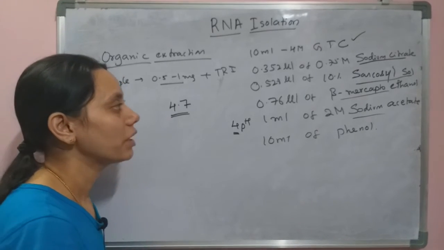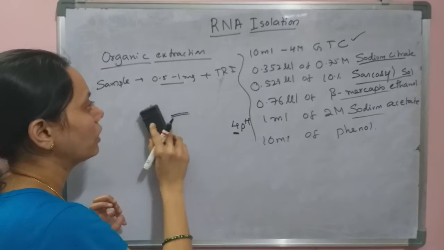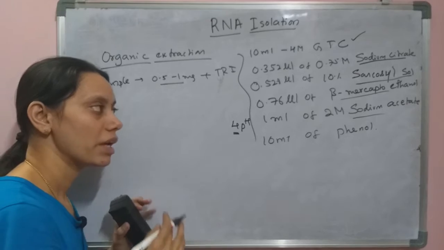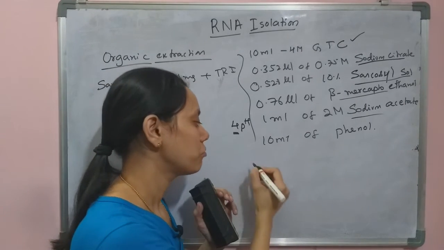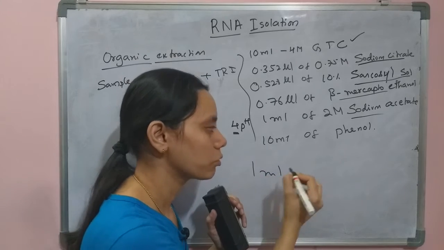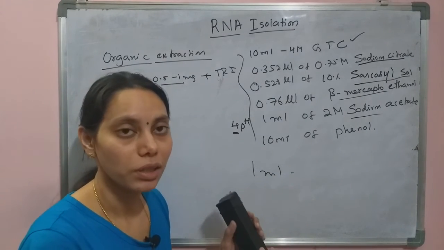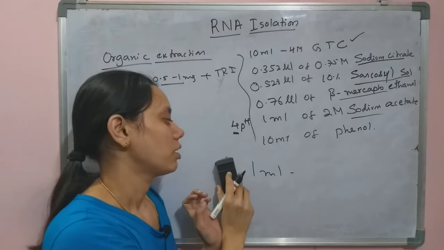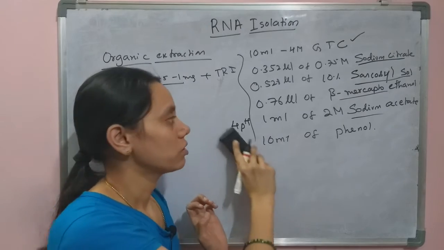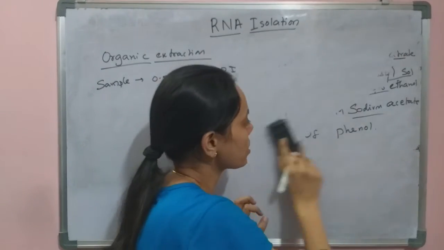So these are the main ingredients of the TRIzol reagent. You can simply make a stock of this solution, and whenever you want you can take 1 ml or 2 ml from the stock, and the remaining solution can be stored at 4 degrees. So that is what the TRIzol reagent is.